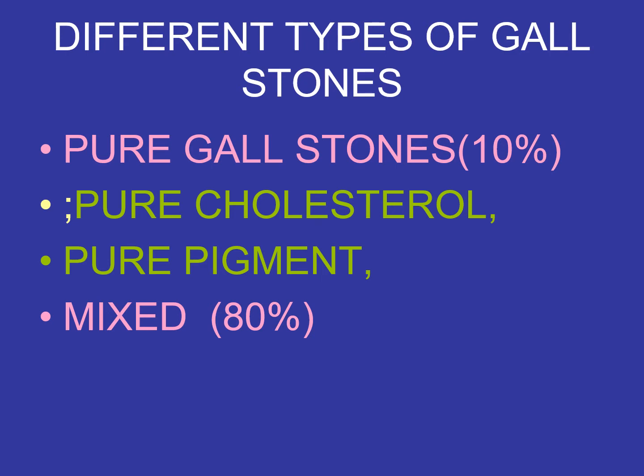Now the different types of gallstones: there are pure cholesterol stones, which are very few, pure pigment stones, and the mixed ones. These are the three types which are normally found.